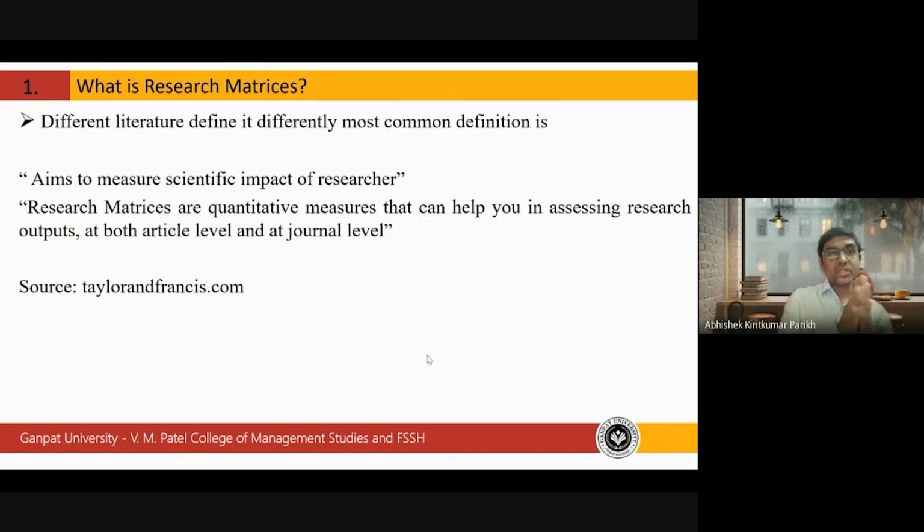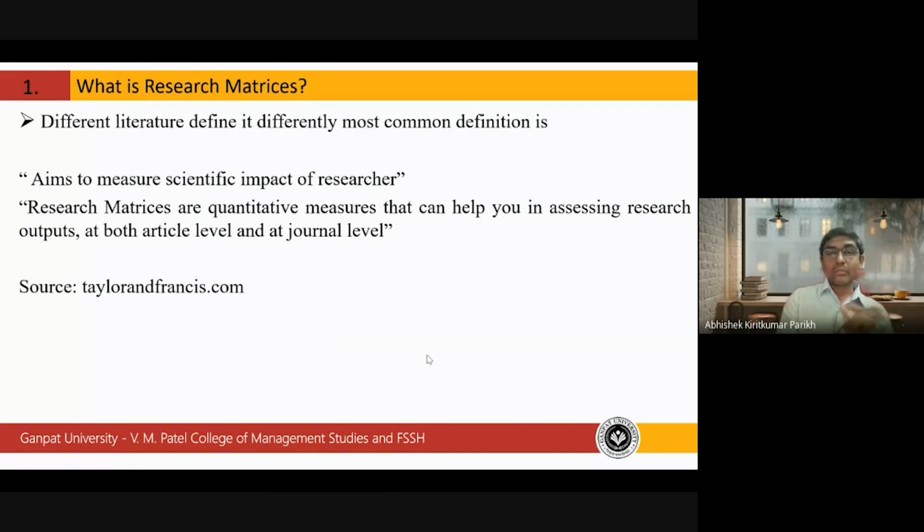The basic objective of research matrix is to measure the scientific impact of the researcher. We are doing research, we are writing articles, we are doing empirical work, we are doing experiments in the lab and everywhere. We may have a prototype development of a particular project, and then we put it to the company, university or organization, and many times we seek funding for the actual implication of that research work.